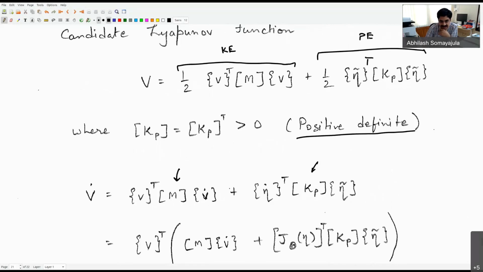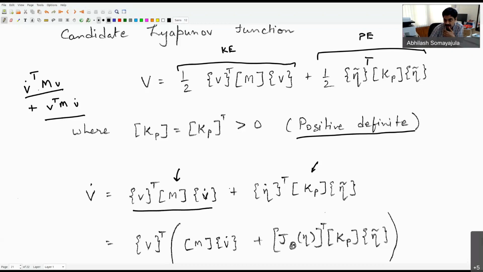So I'm basically taking the chain rule of the derivative. When I do that, I actually should get two terms: V dot transpose M V plus V transpose M V dot. But as long as M is a symmetric matrix, both terms are the same, so I can write one in terms of the other. That is why you see the derivative on only one side.